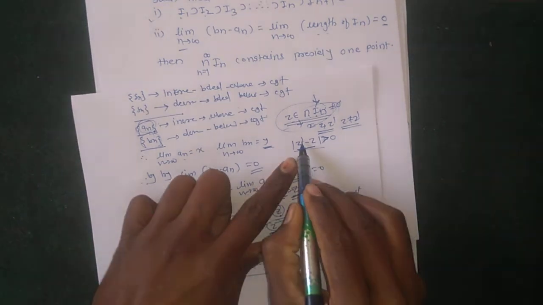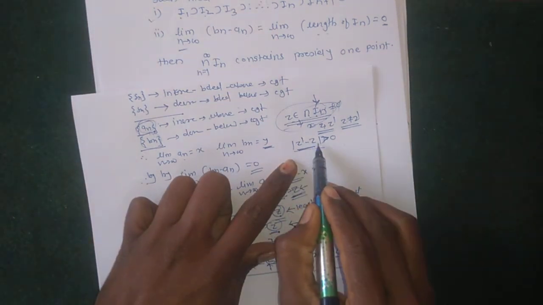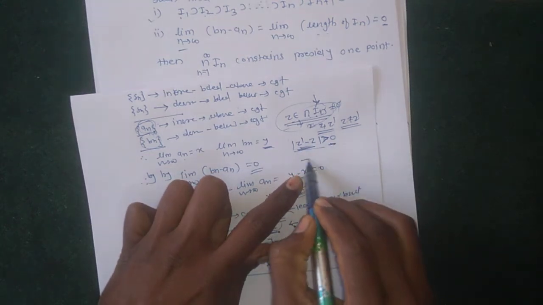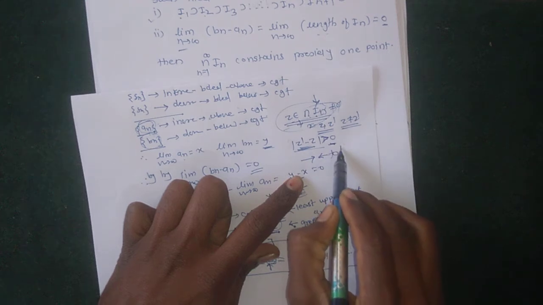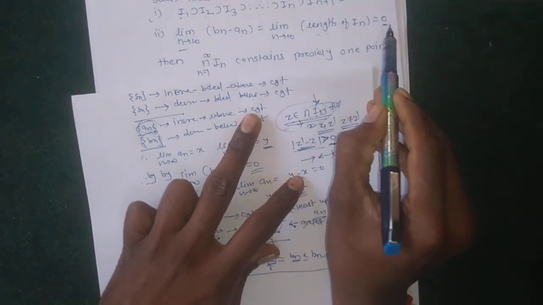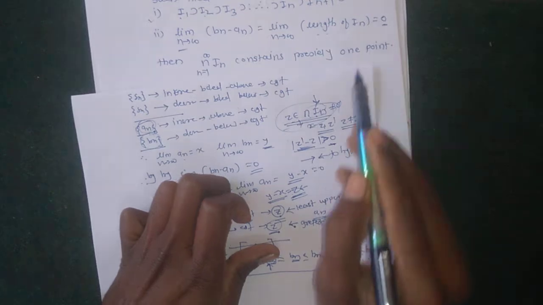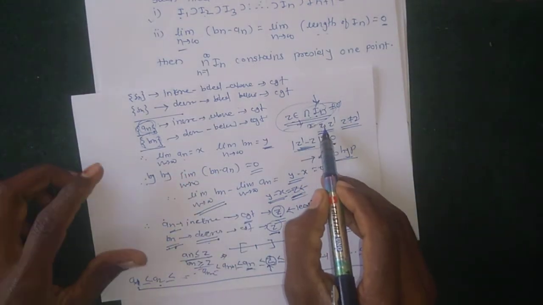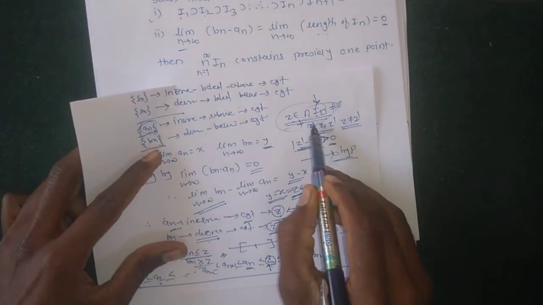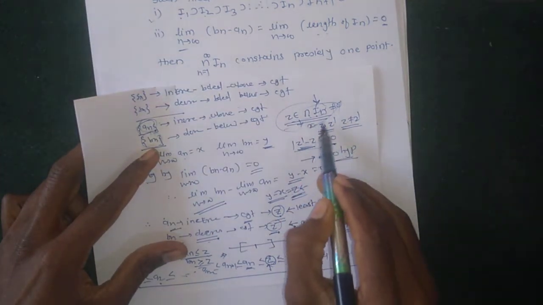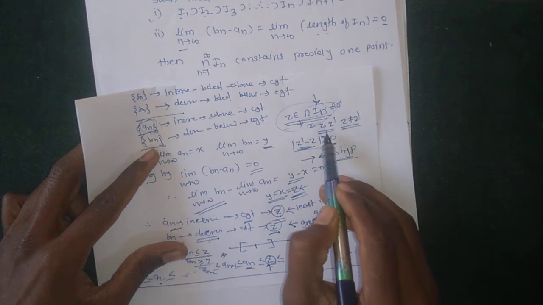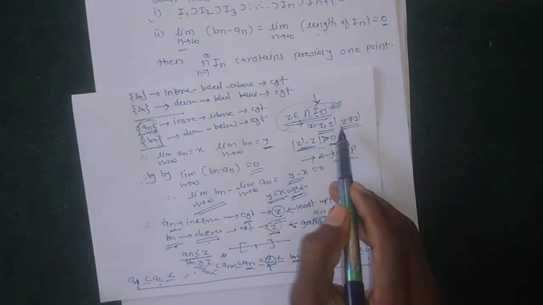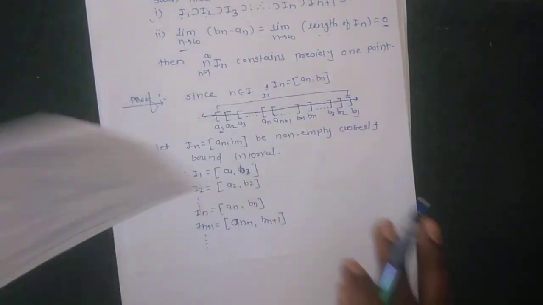Here z dash and z are two different elements with distance greater than 0, which contradicts our hypothesis that the length of In is 0. Therefore our assumption that the intersection contains two elements must be wrong, and so it contains precisely one point. This completes the proof.